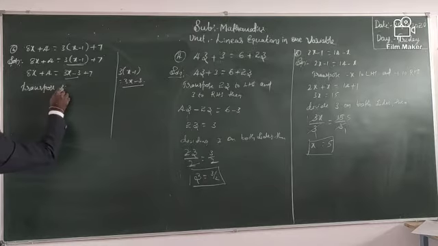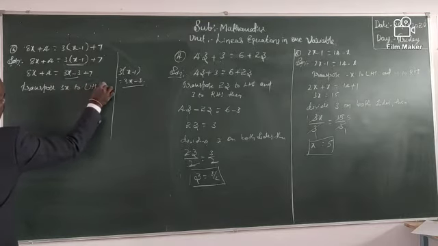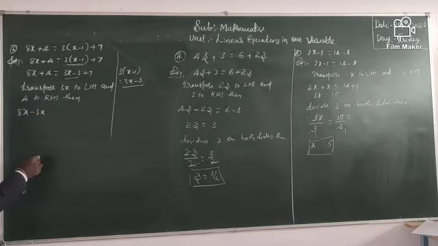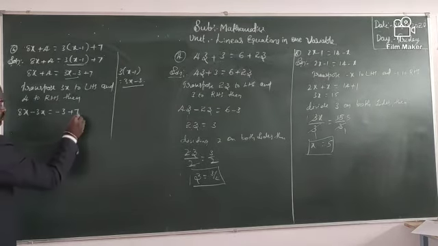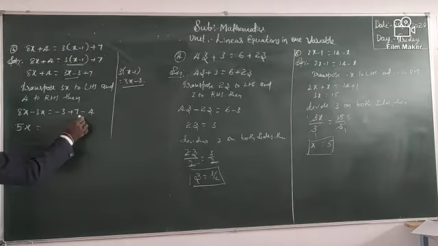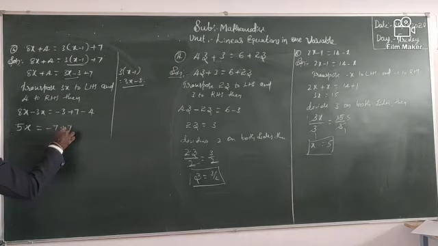Next, transpose 3x to the LHS and 4 to the RHS. Then our equation will become 8x minus 3x is equal to minus 3 plus 7. This plus 4, transpose this, then it will become minus 4. 8x minus 3x is equal to 5x, which is equal to minus 3 minus 4 minus 7 plus 7.